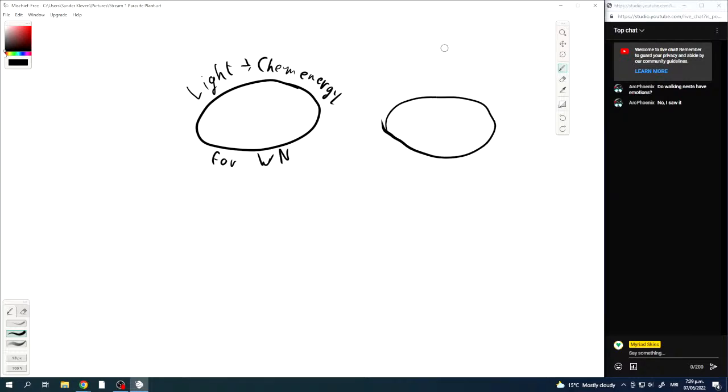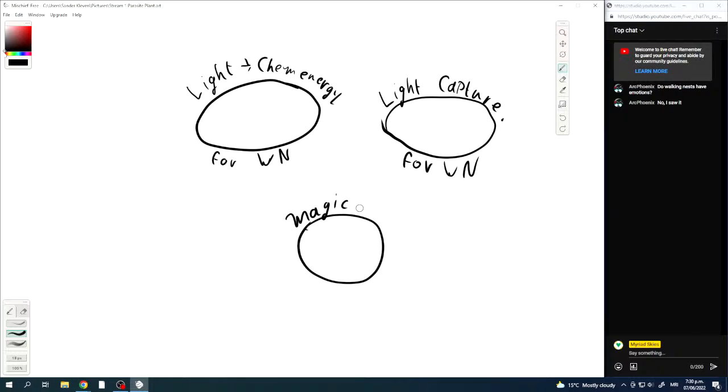Then there's the category of light capture for the walking nest. Then there's one category for magic refinement. I'm just going to be general about that one.